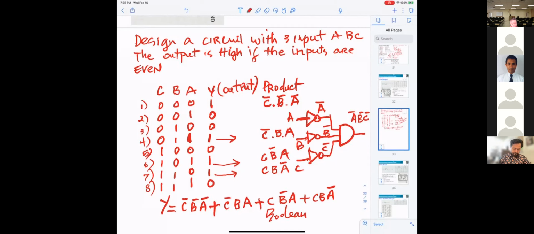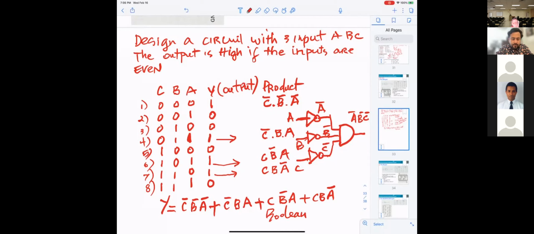Okay, any questions? Mr. Pham, I have a question regarding row number 1, where you have 0, 0, 0, and the output Y is 1. What did you apply to get that 1? I'm a little bit confused.